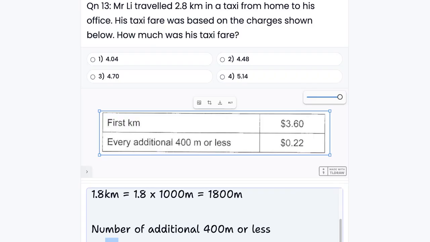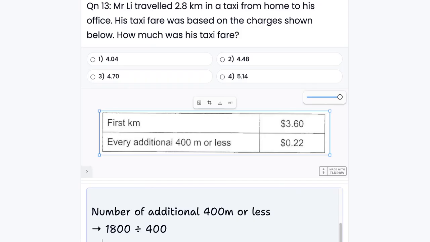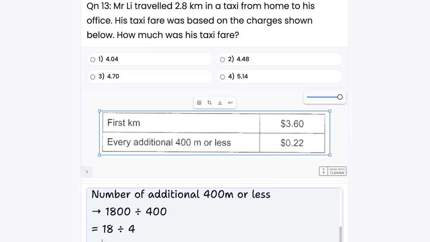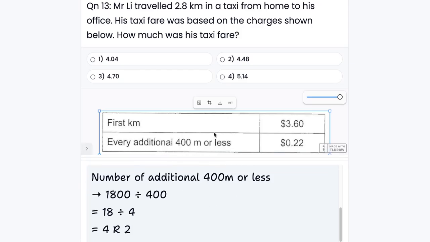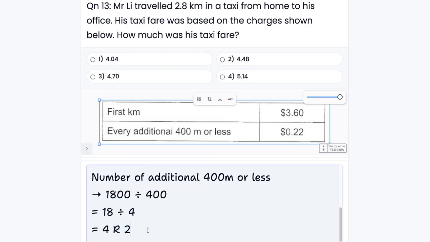So we will just have 1800 divided by 400, which is the same as 18 divided by 4, which is equal to 4 remainder 2. Let me just move this up a bit. Okay, so now we know there's 4 remainder 2.